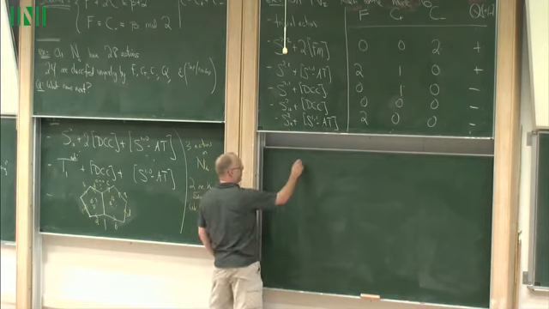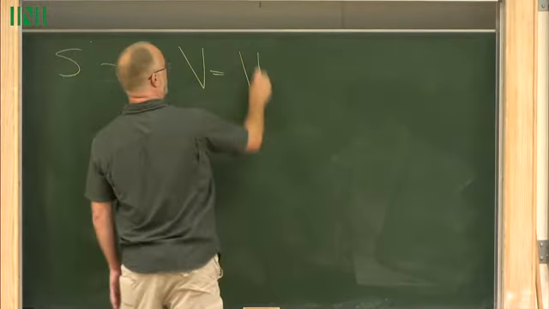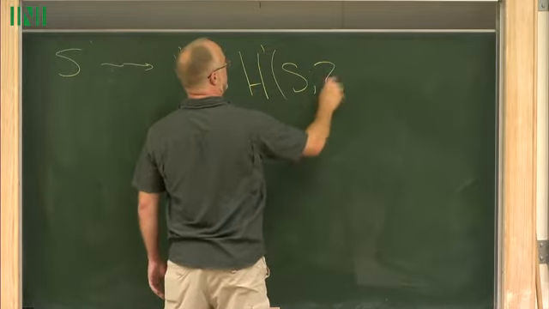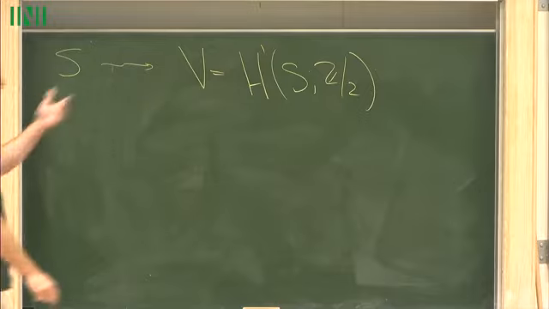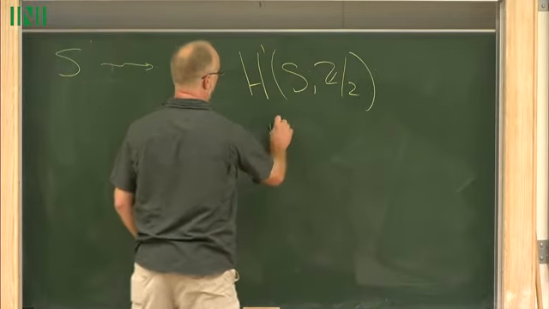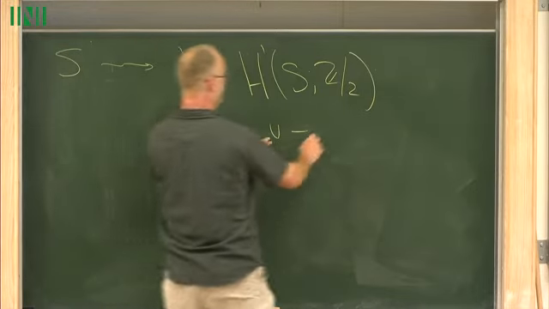So what can you do here? So I have my surface. V is going to be H1, Z2 coefficients. And on this surface, I have the cup product. So the cup product takes me up into H2, which is just canonically Z mod 2. So we can think of this as a bilinear form.